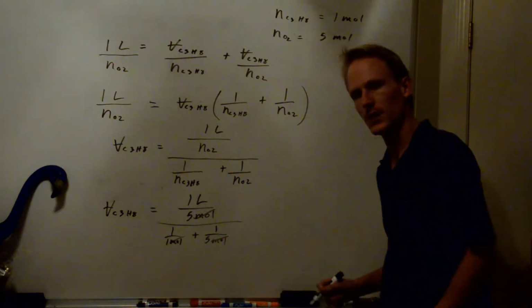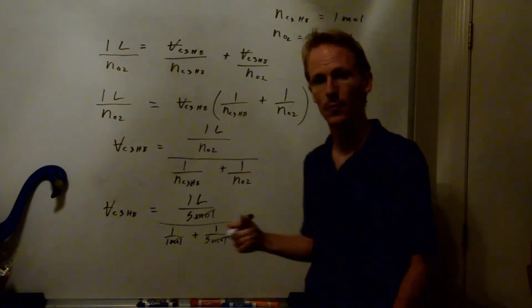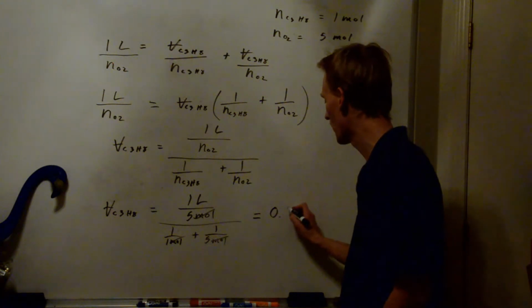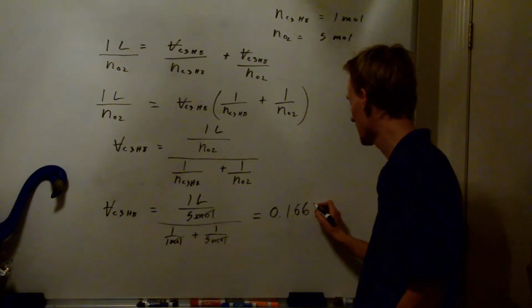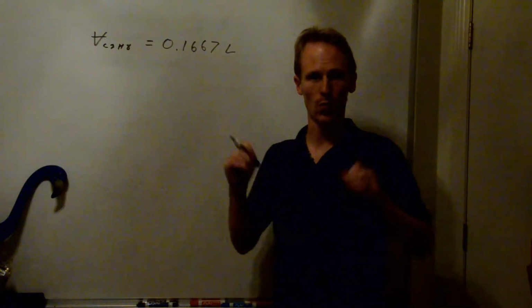Moles cancel, leaving us an answer just in liters. Now, multiplying these values out, we find that this leaves us a value of 0.1667 liters. Now, if you've bared with me this far, we're almost done.